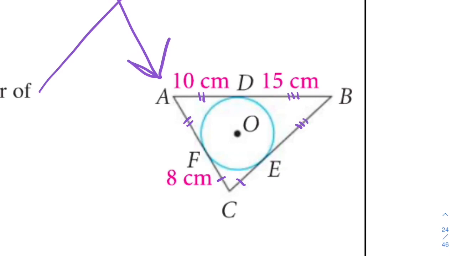The reason being, again, remember, think about the cone. A, B, and C are the points where the tangent lines are intersecting. So it's meeting at A, meeting at B, and meeting at C. So those are the pieces. So we have 8 centimeters, we have 10 centimeters, and we have 15 centimeters.